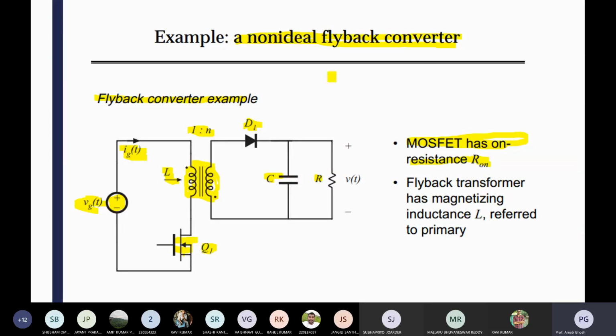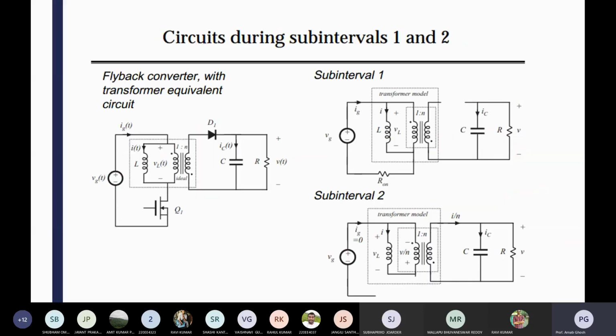Here you can observe that the MOSFET has on-resistance R1, and the flyback transformer has magnetizing inductance L referred to the primary. That coil behaves as an inductor as well as a transformer. Then you have to go for the two switching equations.